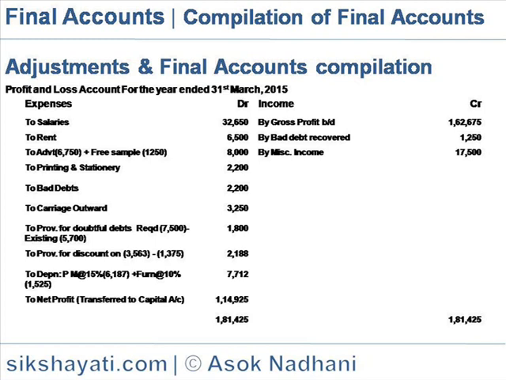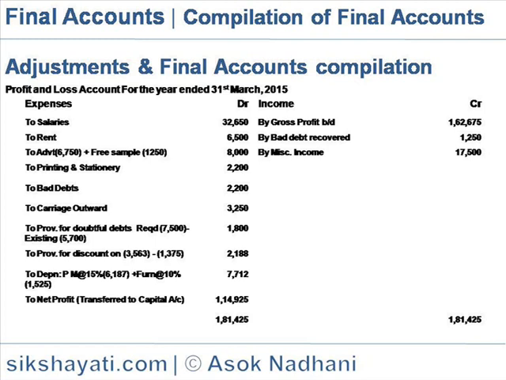The debit side is, we get salaries 32,650, rent 6,500, advertisement 6,750 plus free sample 1,250, so that gives 8,000 for advertisement. Printing and stationery 2,200, bad debts written off is 2,200, carriage outward is 3,250.